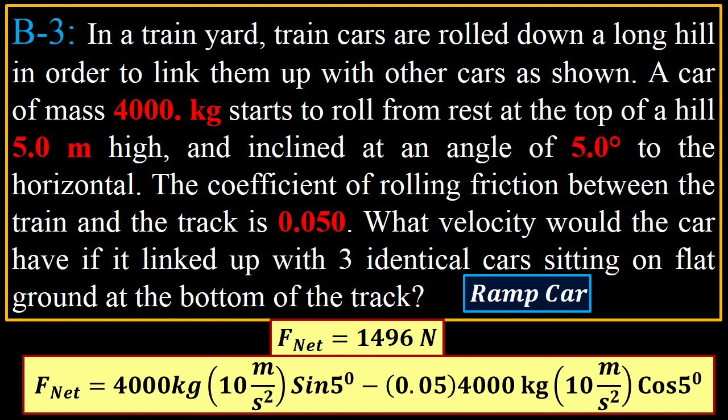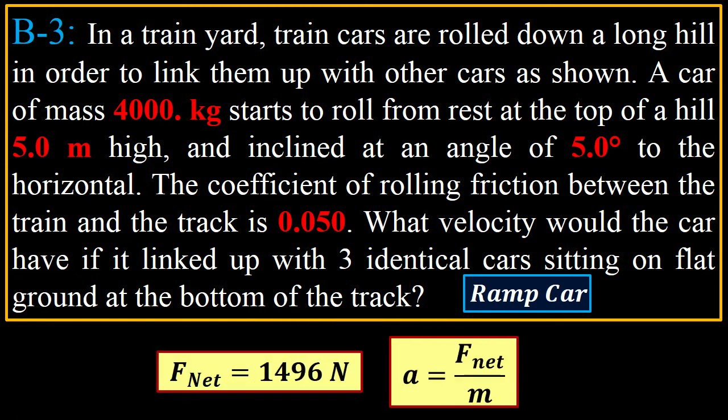Well, I don't know what it does for us. I'm going to let you. Well, can't you get the acceleration using that? So F net over the mass is going to equal the acceleration. Now, what's the acceleration going to do for this?